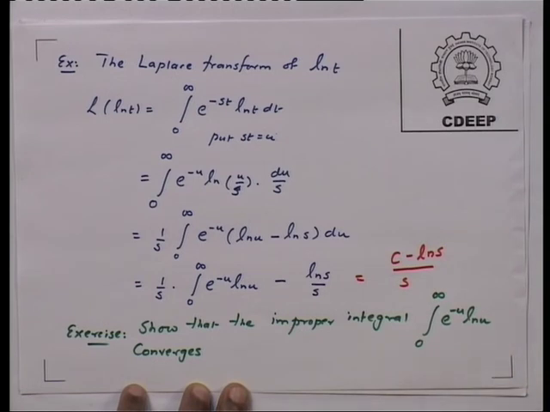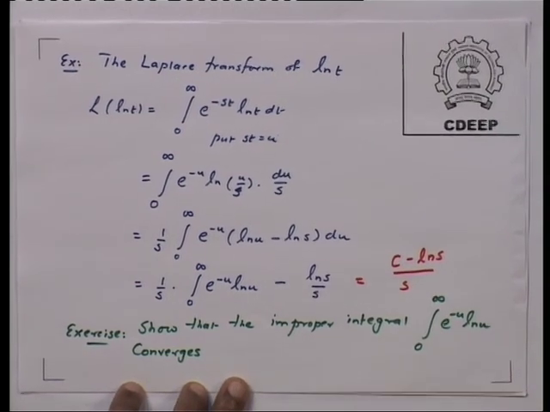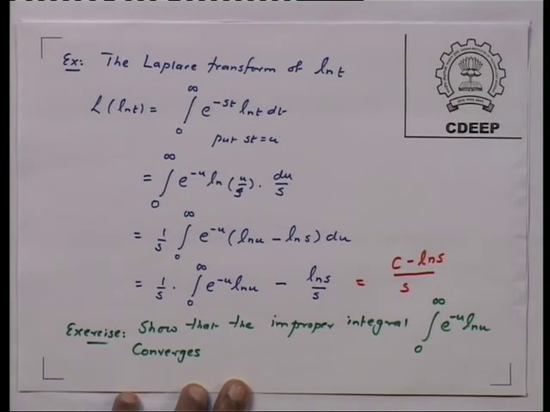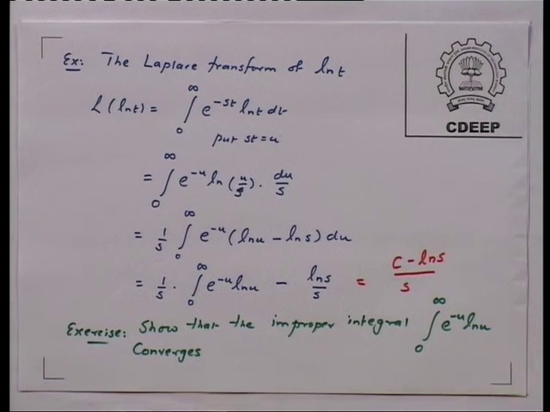What is the constant? The constant is integral 0 to infinity e to the power minus u log u du. What is this? First of all, how do you know that this improper integral converges? That is the first question. You have to show that the improper integral converges.